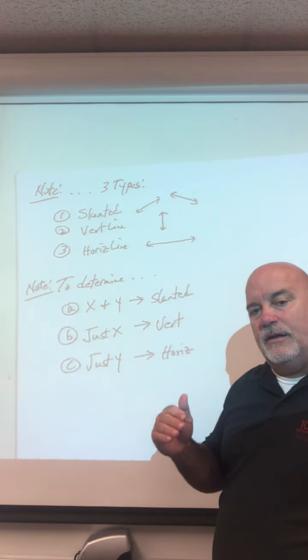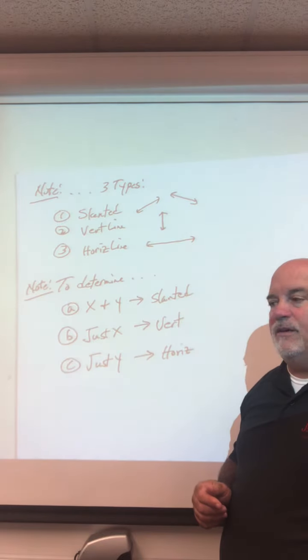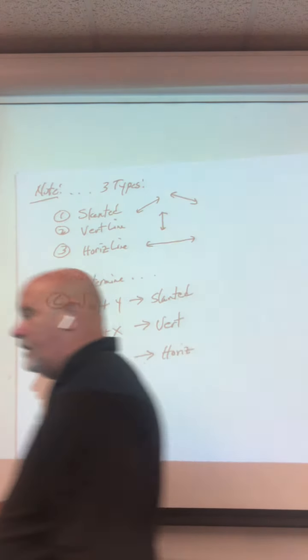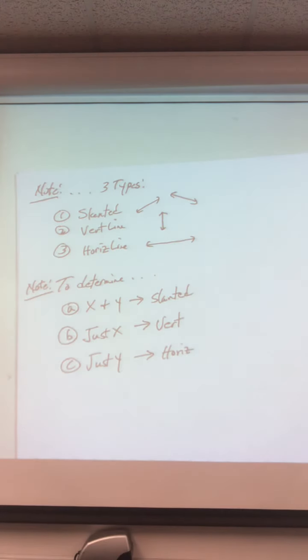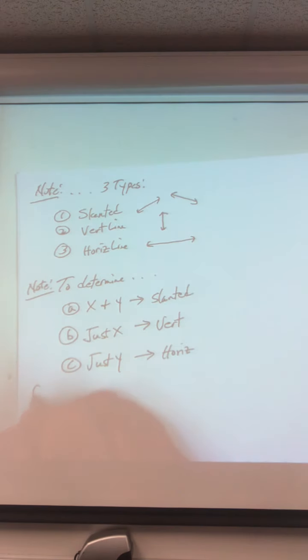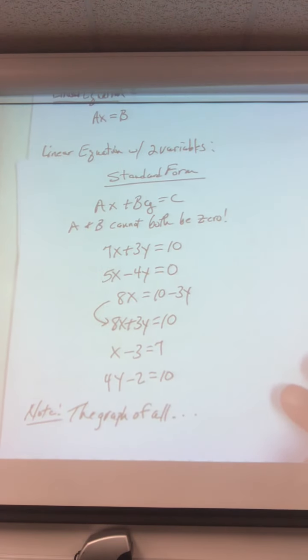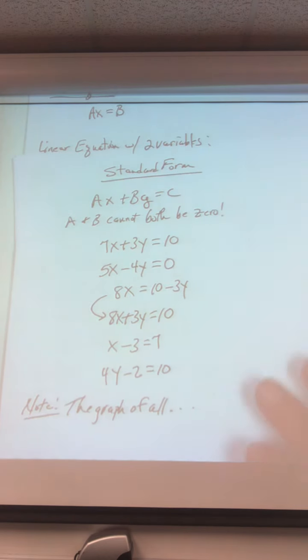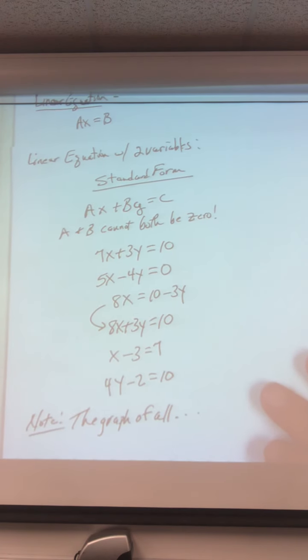So here's what I'm about to do. I'm about to flip back to the previous page and look at those that I wrote up. And let's see if we can tell. So let's go back. And if you wrote these down, you can write it out beside here. Now, we're not ready to graph yet.